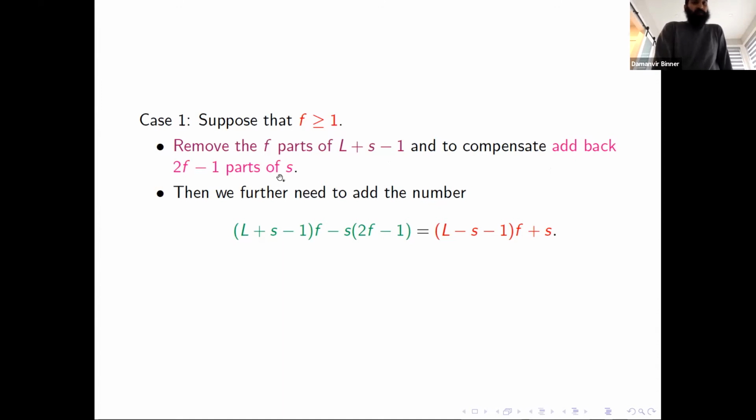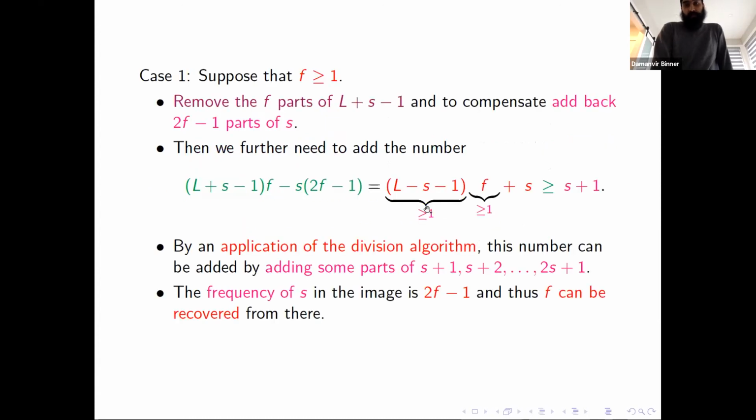However, we further need to add the difference, which can be rewritten as follows. Recall that we were in the case L greater than or equal to s plus 2, so the quantity in the bracket is greater than or equal to 1. Also, f is greater than or equal to 1. So we get that this difference is a number greater than or equal to s plus 1.